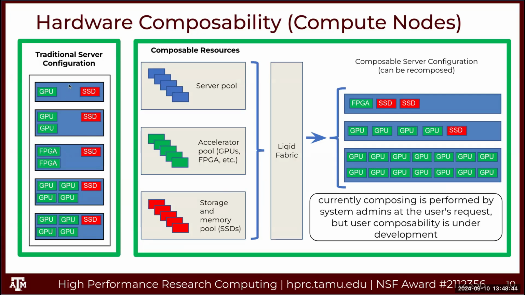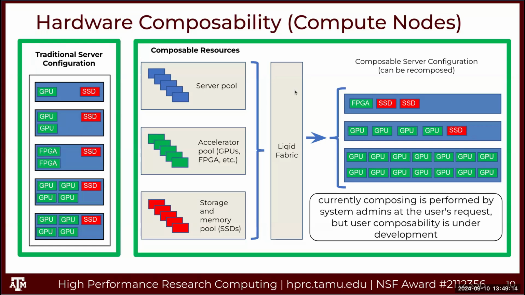This is the traditional server configuration, where the top image here has one GPU and one SSD installed. The second image down has 2 GPUs attached and 1 SSD installed. So these are pretty much plugged into the server itself. All the hardware is connected within the server. So if you use this compute node, you're limited to only 2 GPUs and 1 SSD.